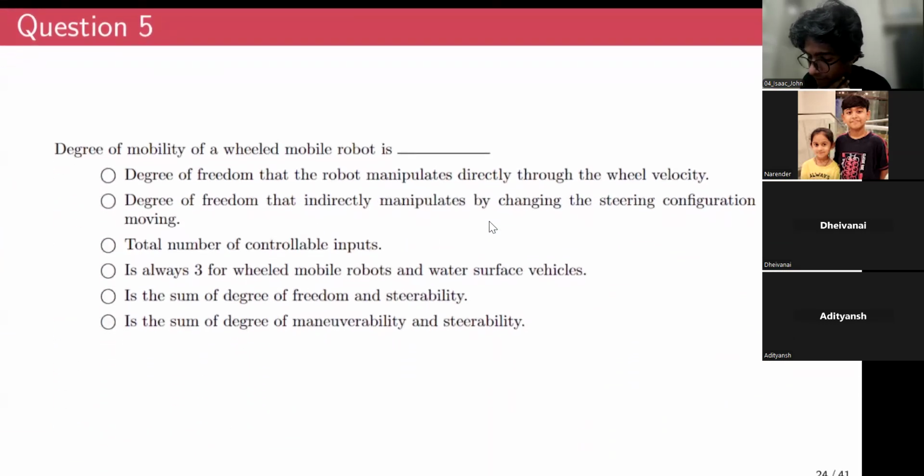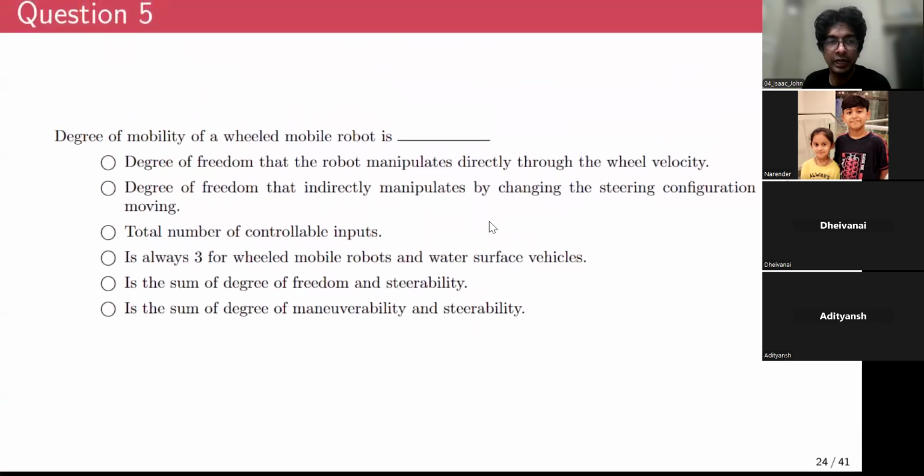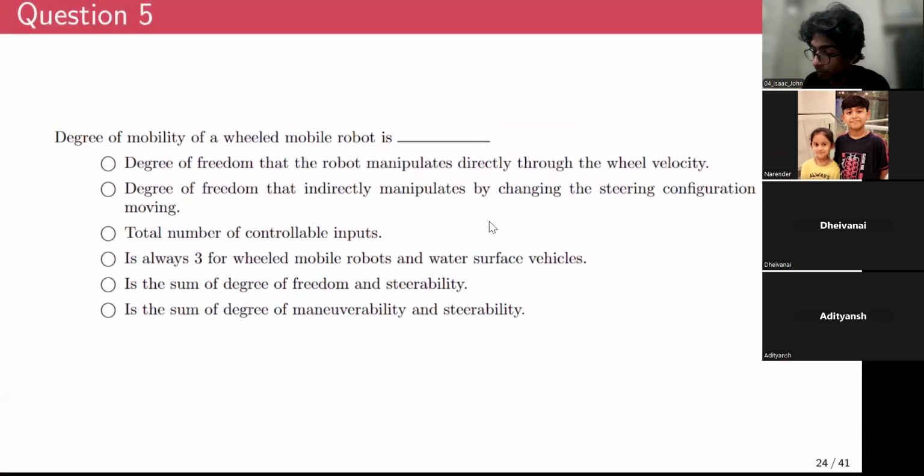Moving on to question 5, the degree of mobility of a mobile robot is, which of the options apply? The degree of freedom that the robot manipulates directly through the wheel velocity. Is that correct or not? What about the second option?